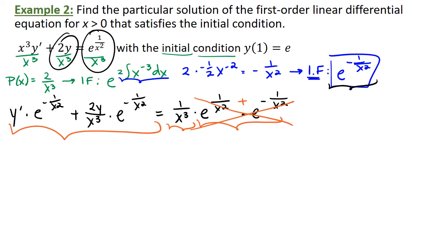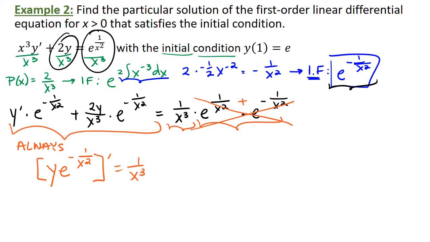Remember, the left-hand side always becomes the derivative of the product of y times the integrating factor, which in this case is written here. This is equal to 1 over x cubed.